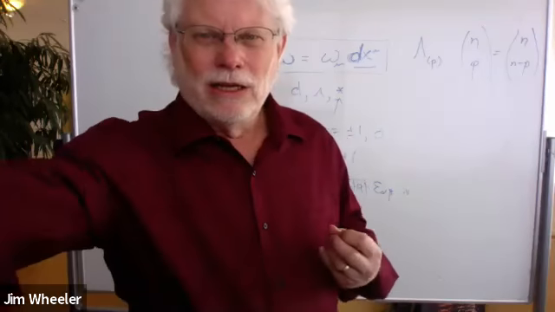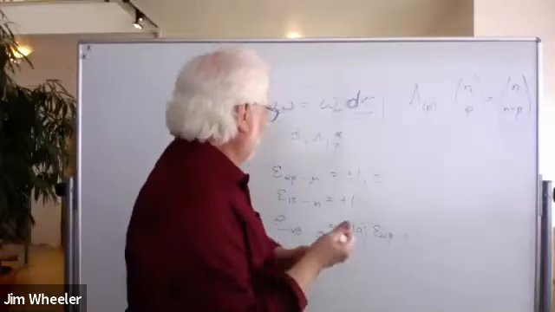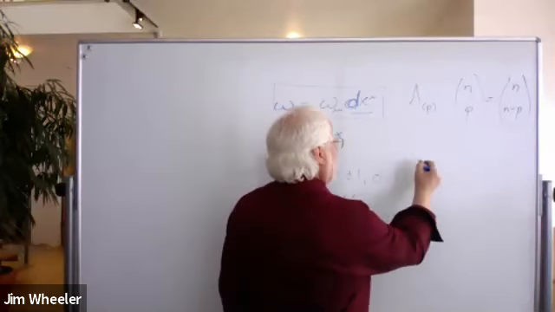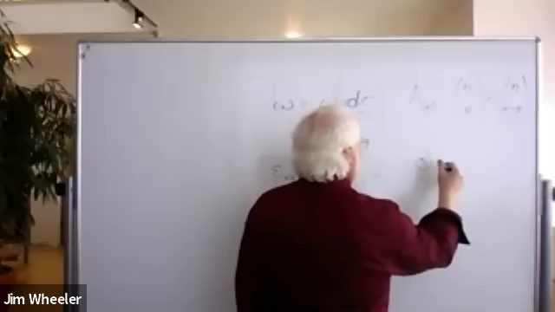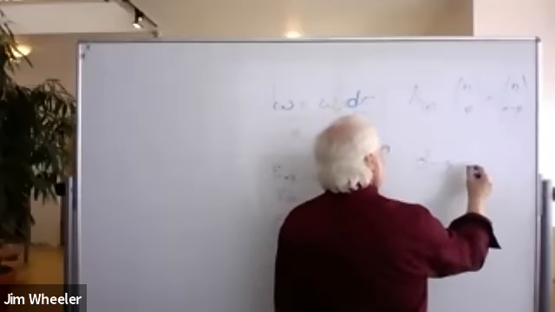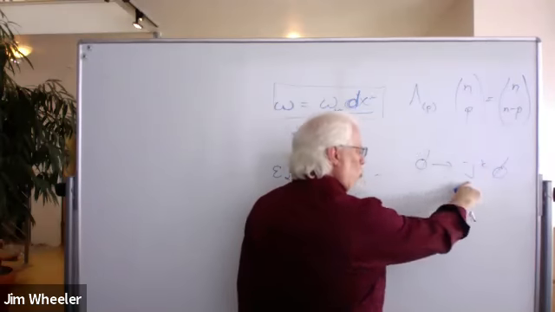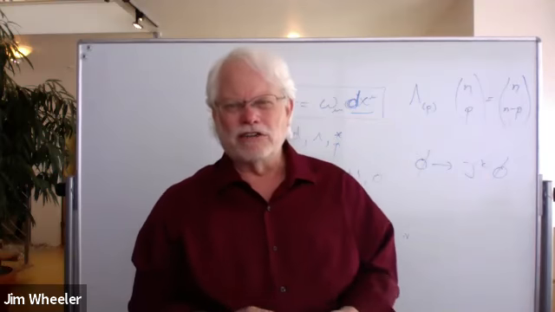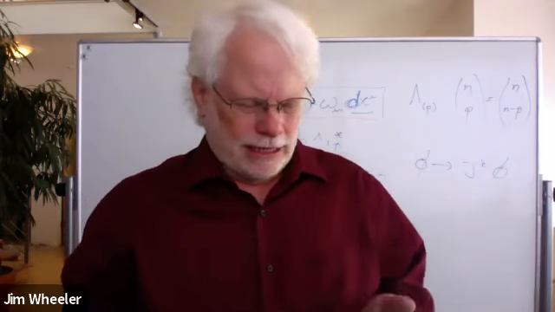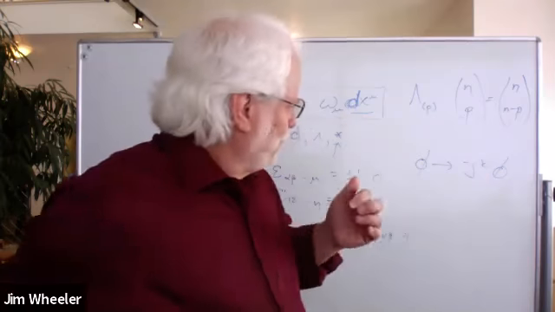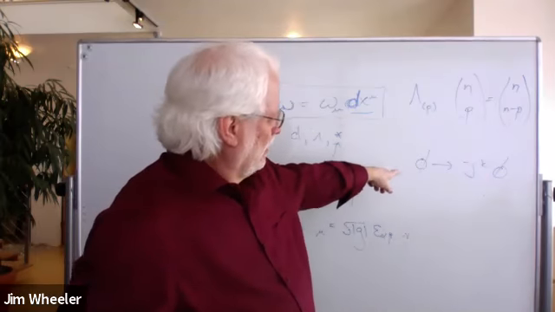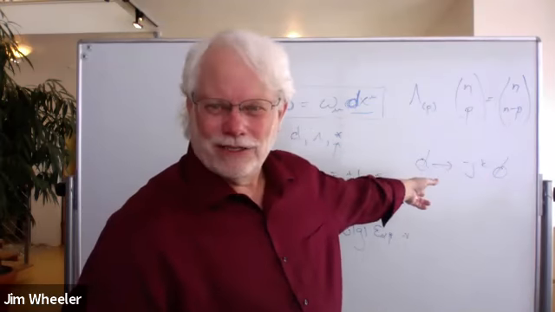weight minus 1, where by weight, you can have objects that transform by some power of the Jacobian, where the Jacobian is the determinant of the coordinate transformation. And this is called a weight k field.